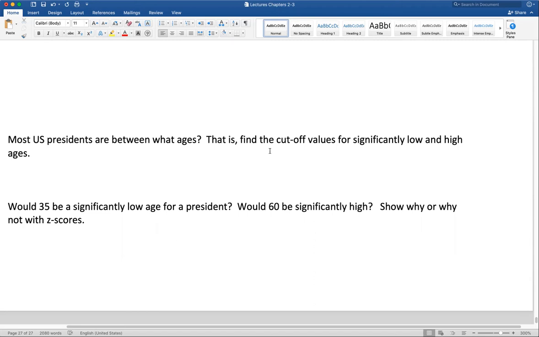And if the data value is greater than x bar plus 2s, then we say the data value is significantly high. So we need to figure out the cutoff values for significant low and high ages. We just calculate x bar minus 2s and x bar plus 2s, okay?